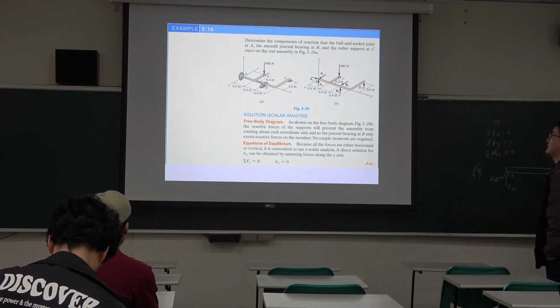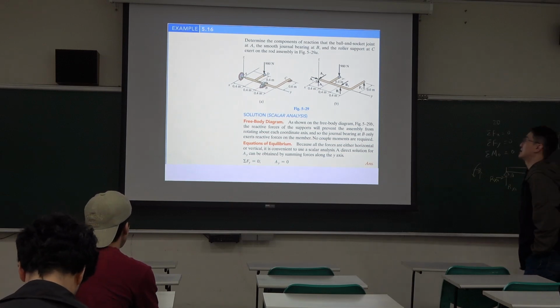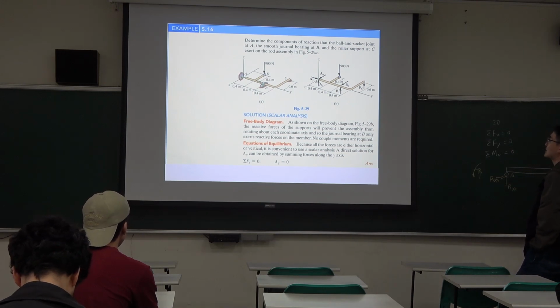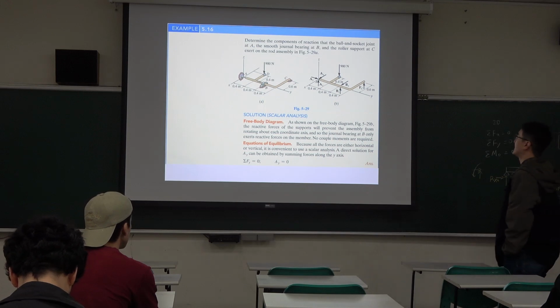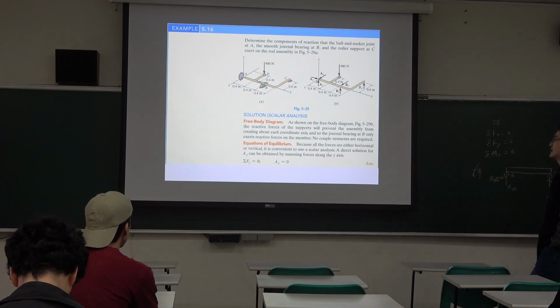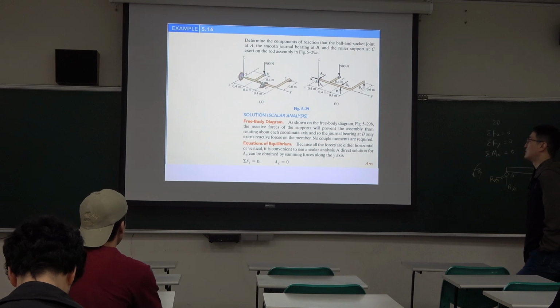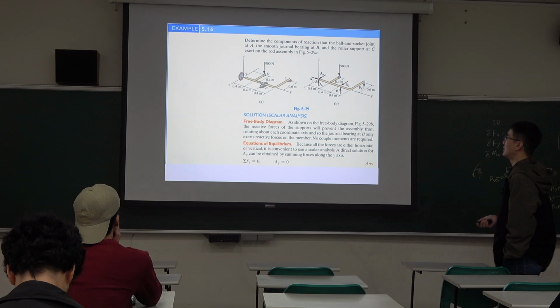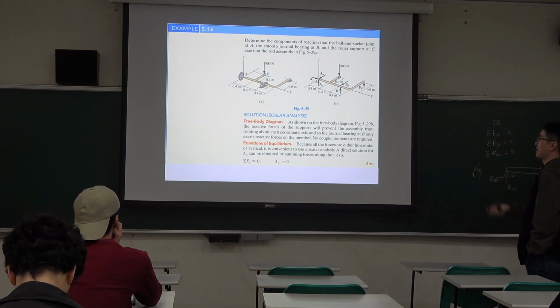Next example, determine the components of reaction that the ball and socket joint A, the smooth journal bearing B, and the roller support C exert on the rod assembly here.